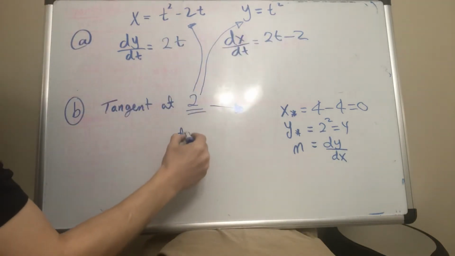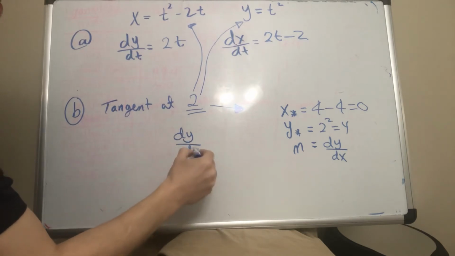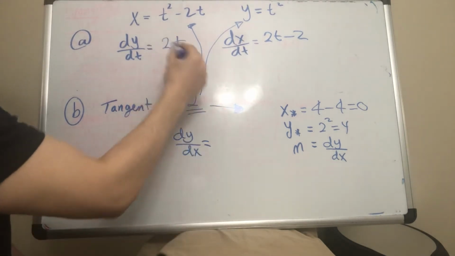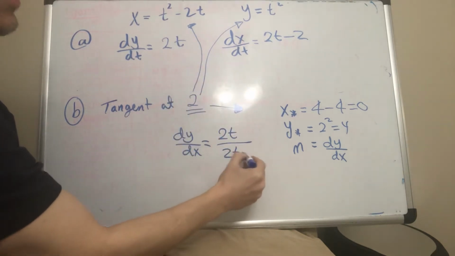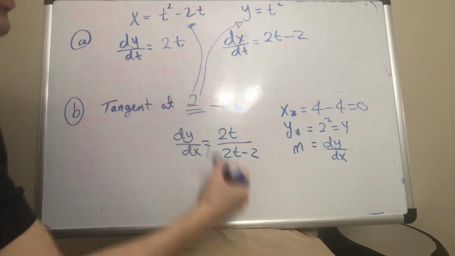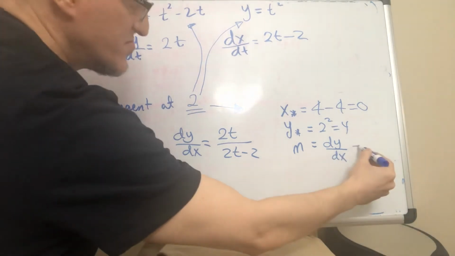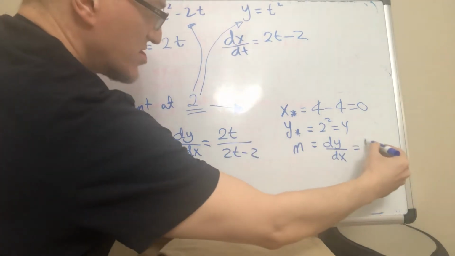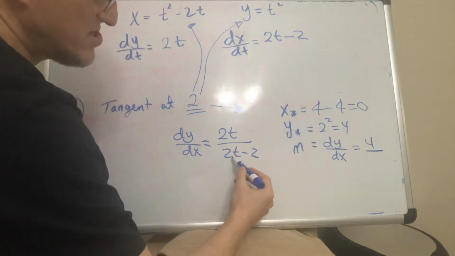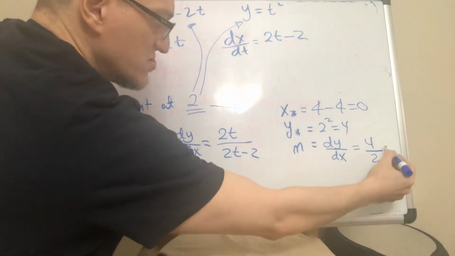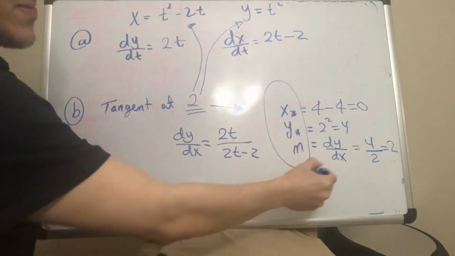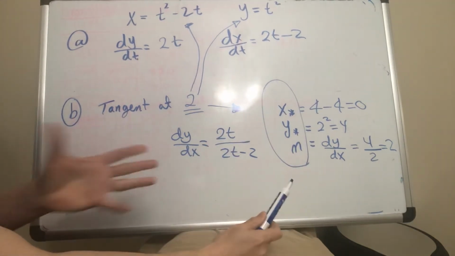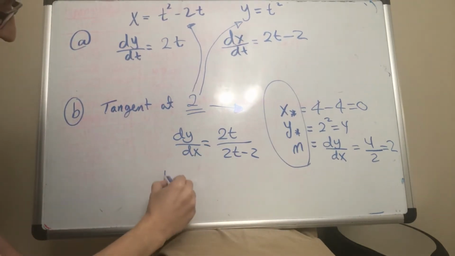So you need dy over dx. So you divide the 2t by 2t minus 2, and here you put the 2. If you put the 2 here, it would be 4, and the 2 here would be 4 minus 2, 2. That's a 2. Once you have the three things here, you put everything in the general equation.